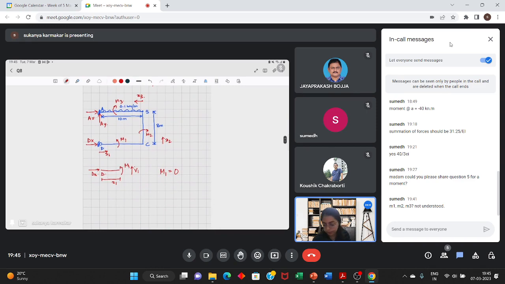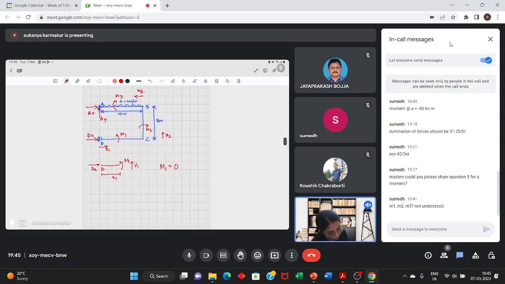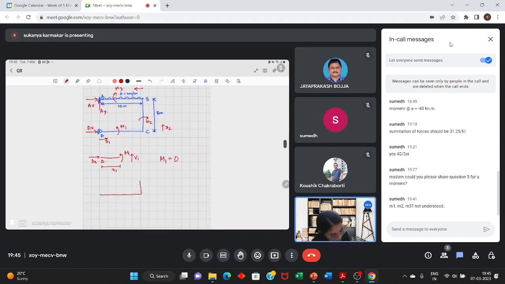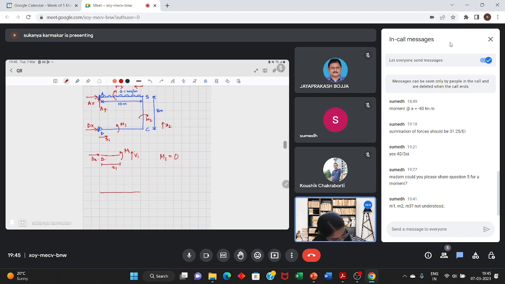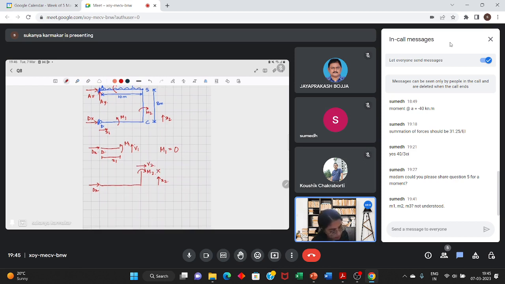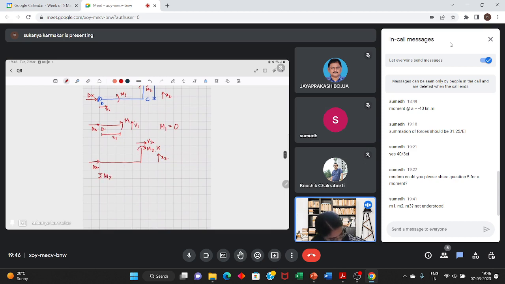M1 is done. Now for M2, basically I'm cutting it like this. This is M2, this is dx, and this x2 I'm taking from this end. Again there will be a force V2, and for this, let this point be x. I am taking the moment at x to be 0, so the contribution of V2 will disappear.